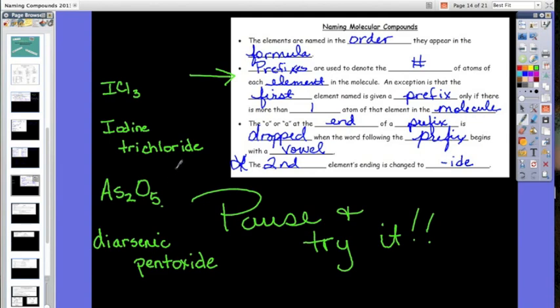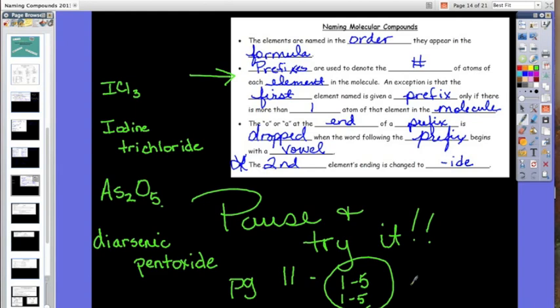On your packet, look at page 11. Go ahead and try 1 through 5 on the top and 1 through 5 on the bottom and see how you do on those. Then we'll talk about those in class and see how you did on them.